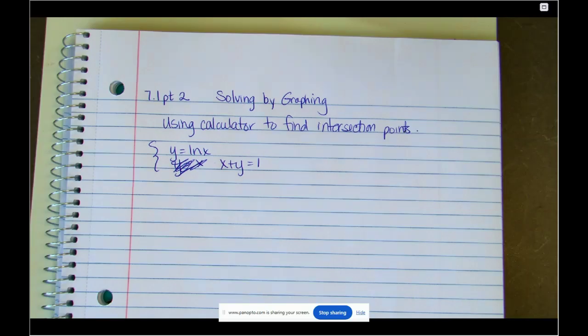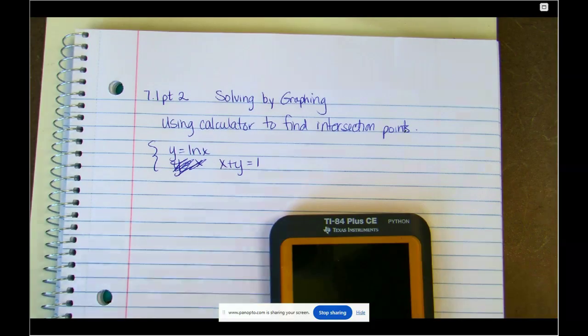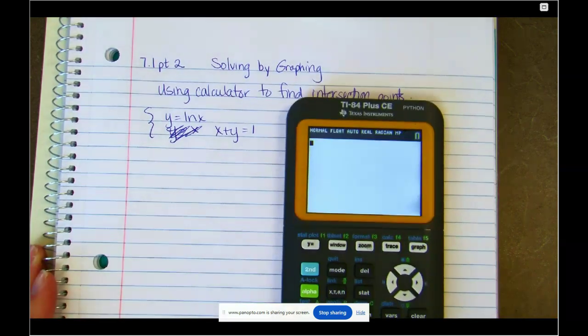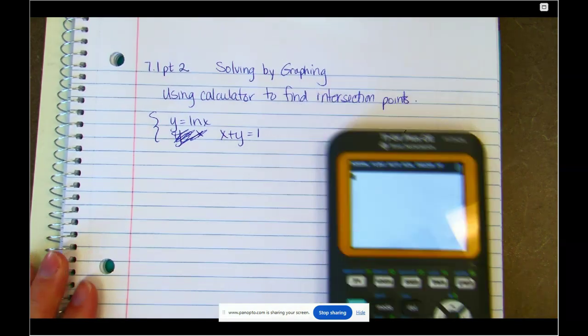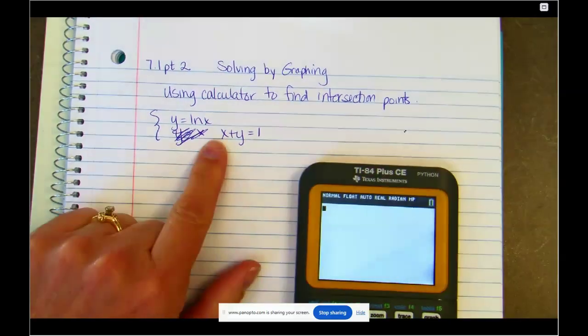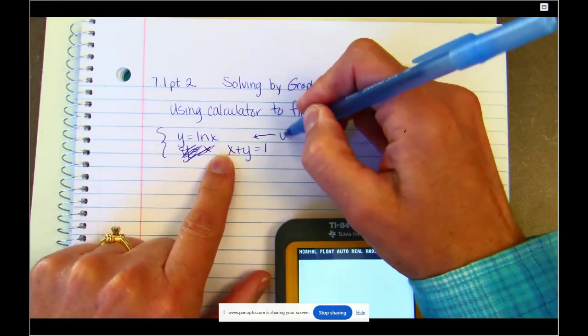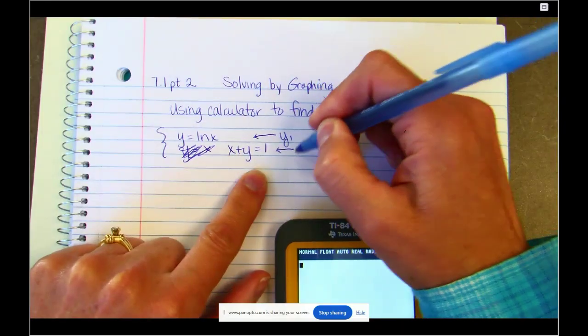As soon as you see something like natural log, it's not linear. We cannot solve it by hand, by substitution or elimination. So the way that we do this is we put natural log x into y1 in our calculator, and we put this other equation into y2.